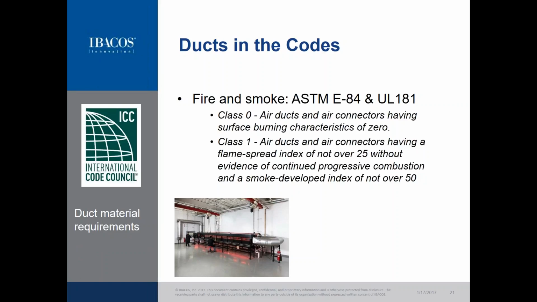And there's also requirements around fire performance and smoke performance of ducts in the codes, and that's where we really start to get to what the goal and aim of the codes are, and that's to ensure the occupants' life safety within the building.